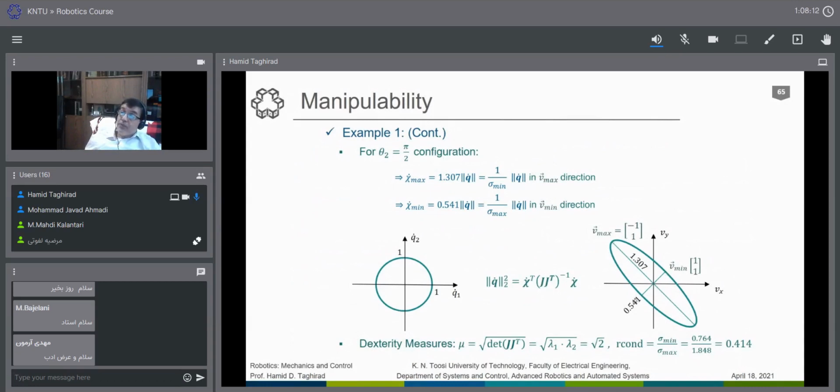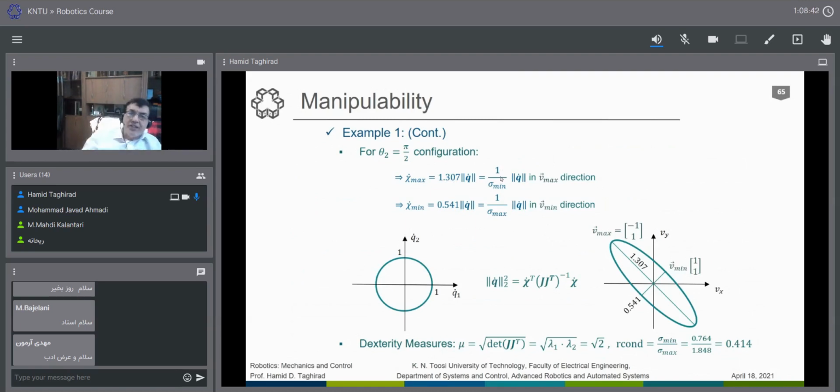The maximum singular value of JJ transpose gives you the direction of the minimum gain. The minimum gain is 0.451 as we had before, and the maximum is 1.37. That can be easily found by the singular values of the Jacobian matrix J directly. You don't need to find J transpose, JJ transpose.